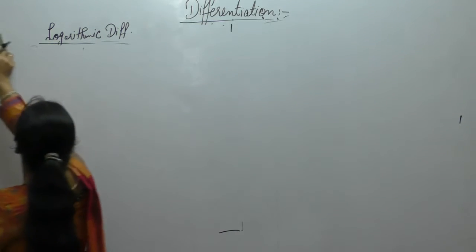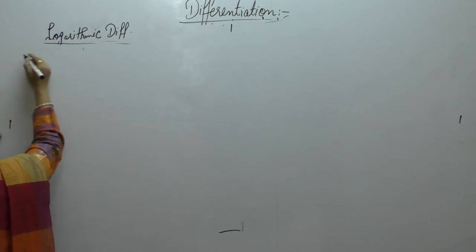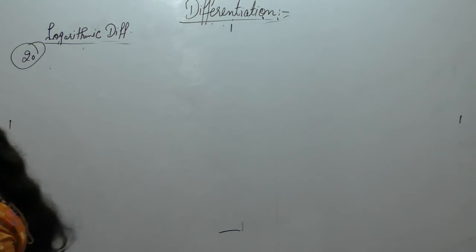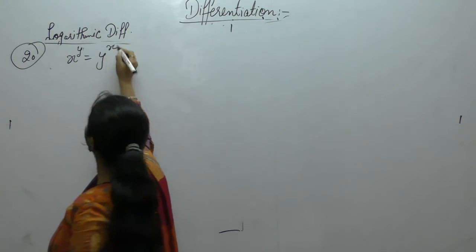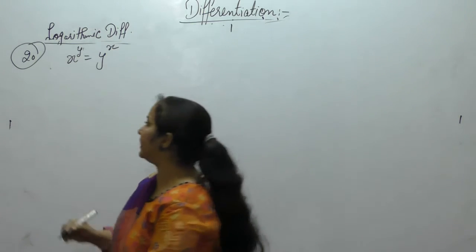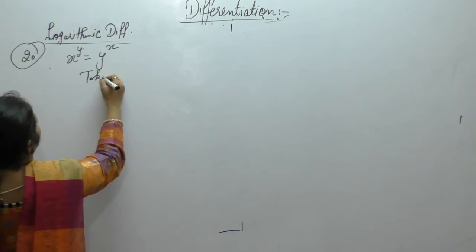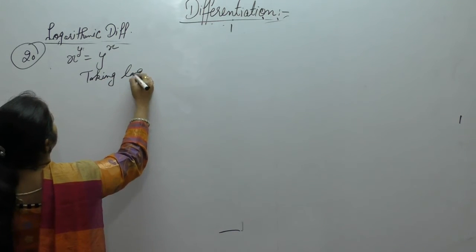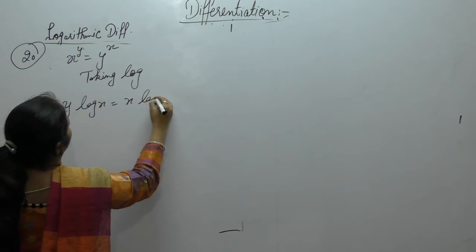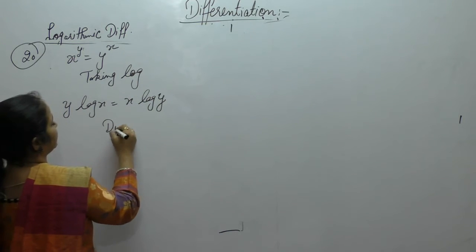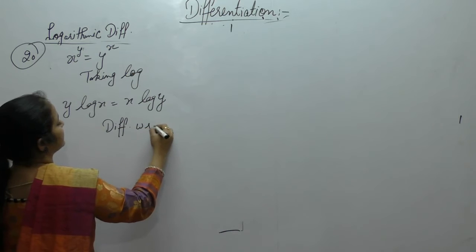Next one is, if x power y is equal to y power x, find dy upon dx. Taking log on both sides, so what we get: y log of x is equal to x log of y. Now differentiate with respect to x.